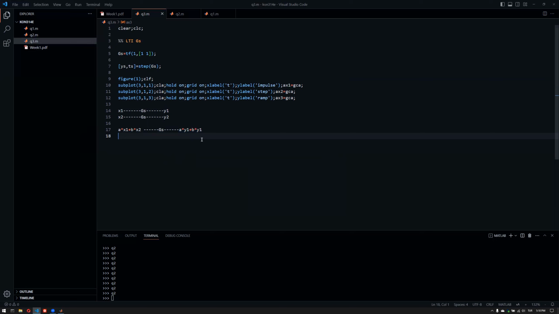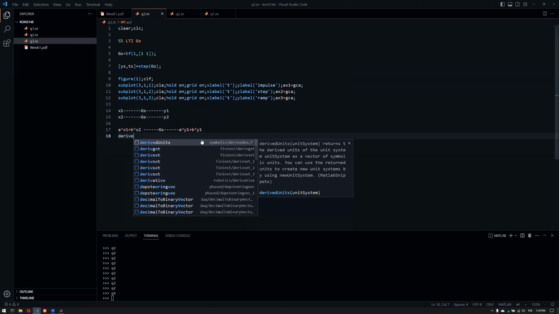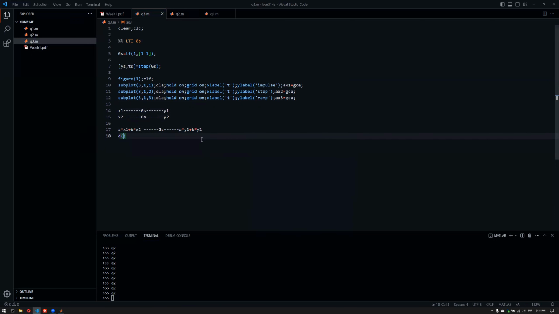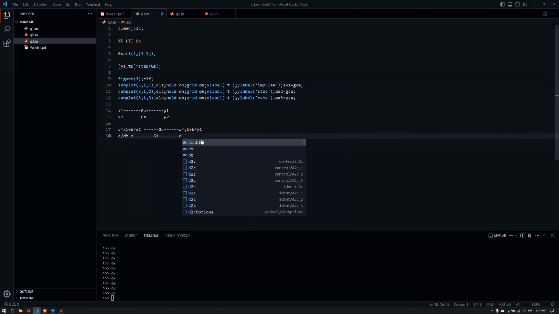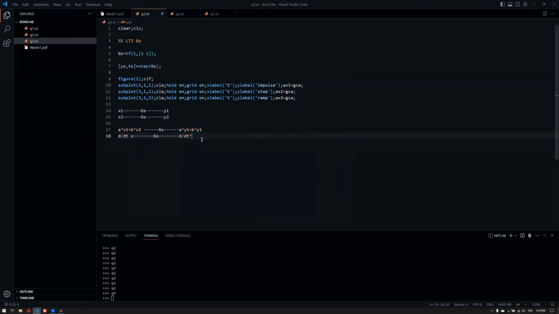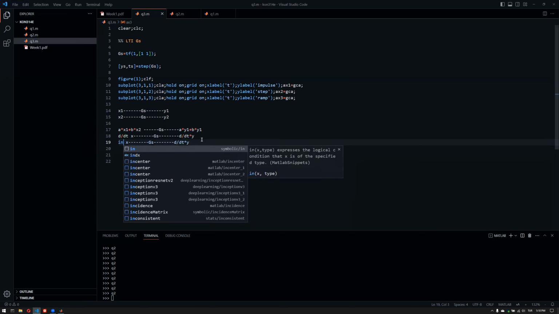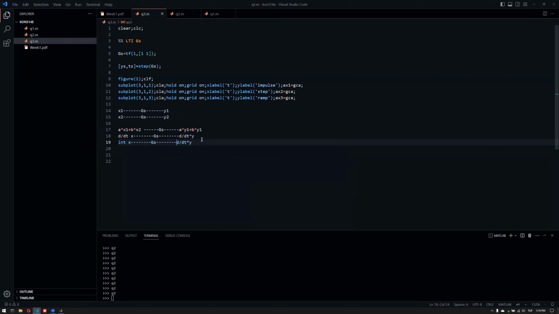Now, there's also a different property that we sometimes don't remember, and that one is basically if we take, for example, the derivative, so d divided by dt of x, GS also carries out the operation d dt times y. And this goes also for the integral. So if we integrate x, the output will also be integrated.